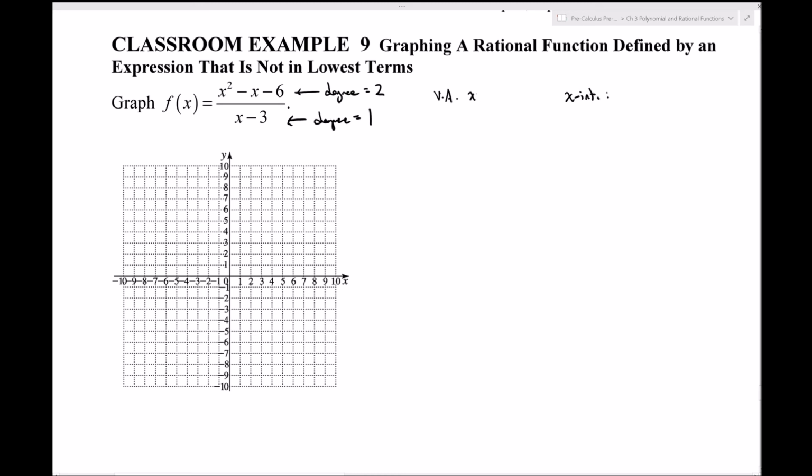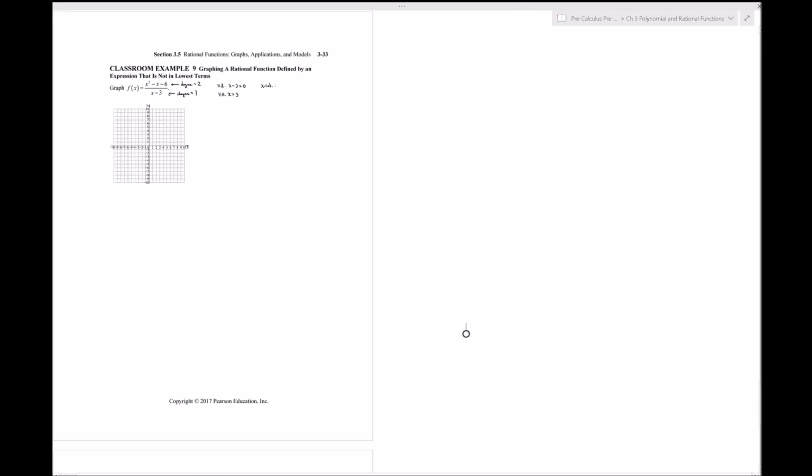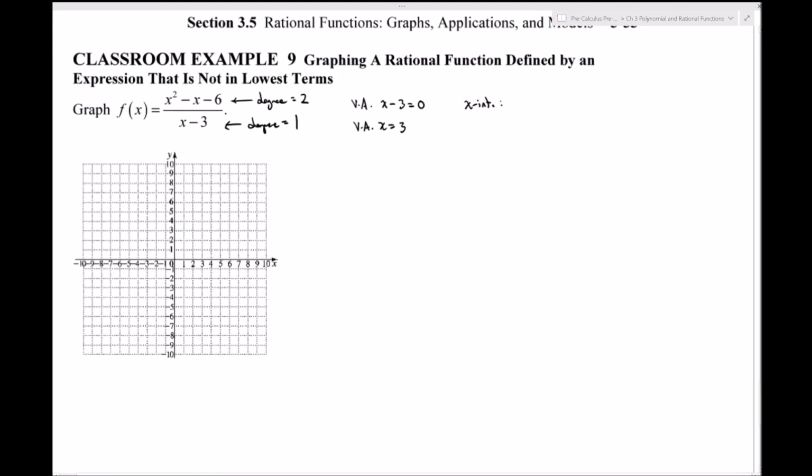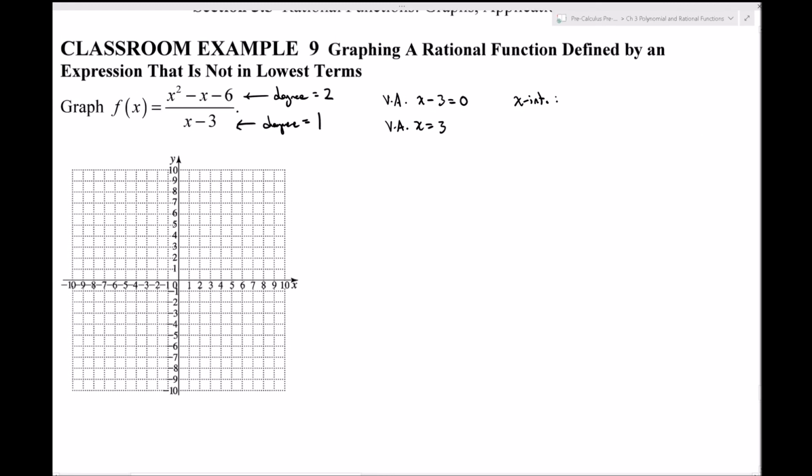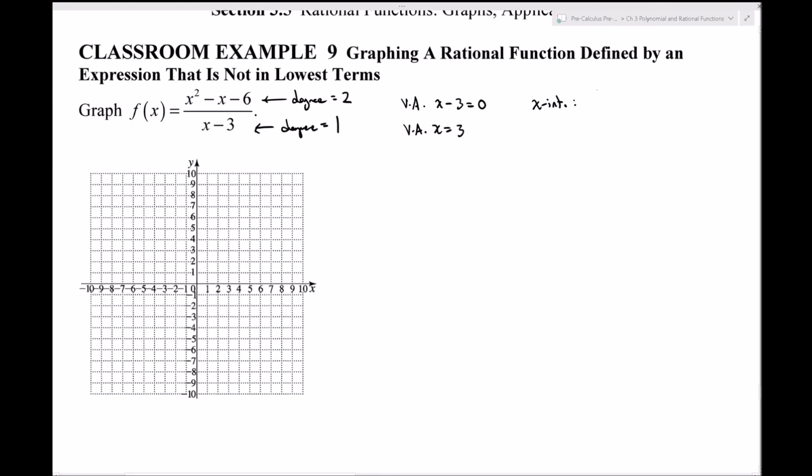So vertical asymptote, x equals 3, it looks like. We set x minus 3 equal to 0, x equals 3. That's a candidate as a vertical asymptote. Now we just check the x-intercepts to see that that number 3 doesn't show up in the set for x-intercepts also. So for x-intercepts, you set the numerator, x squared minus x minus 6, equal to 0. And I think we've already solved that one.